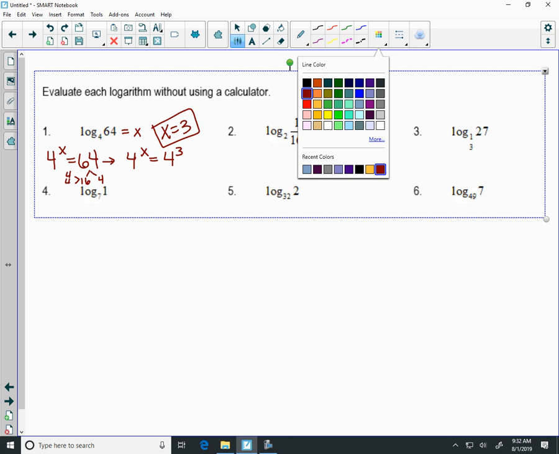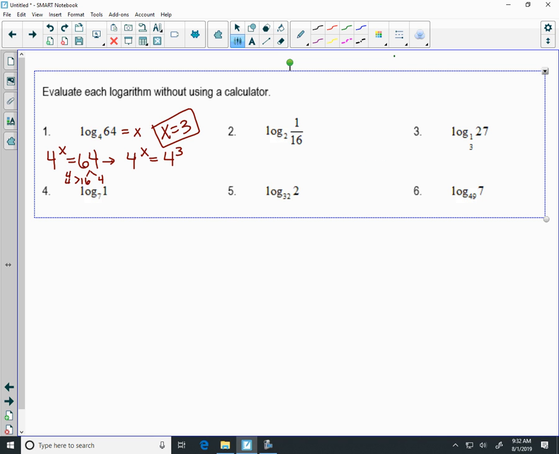Great. 2 is a base that we use a lot. It's nice and simple. 2 to the x equals 1 over 16. Again here, base, exponent, what we're equal to.